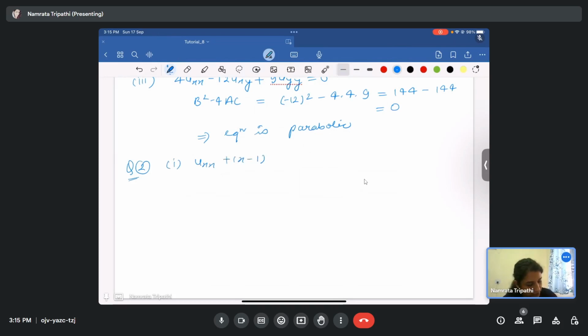Uxx plus (x minus 1) uxy minus 2x square ux plus 3xy uy plus 2y is equal to sine of x. What is the value of b square minus 4ac? In this case, b square is (x minus 1) square, minus 4, a is 1 and c is minus 2x square.